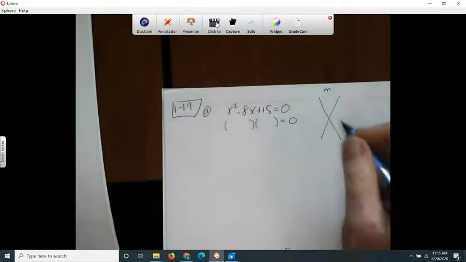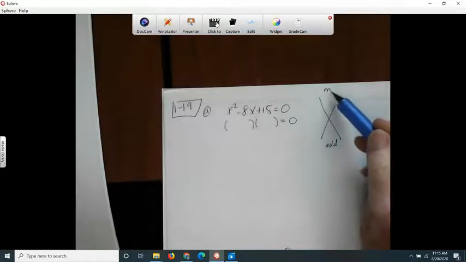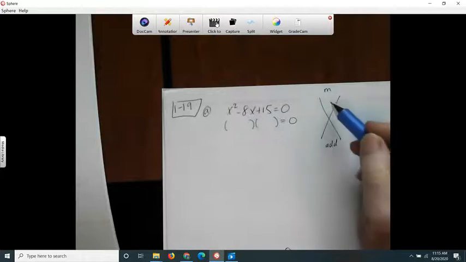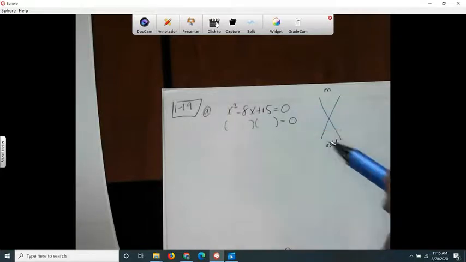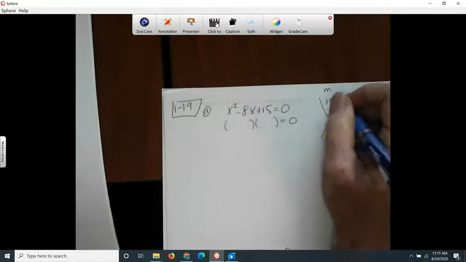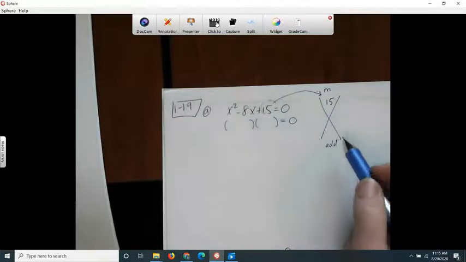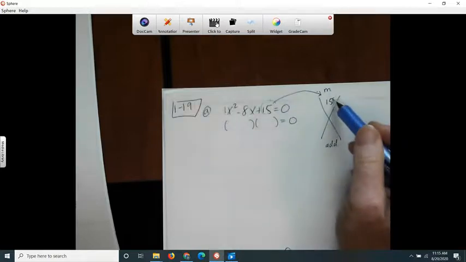I make what I call a diamond problem, and it says the word MAD: multiply, add. So I'm looking for a number that multiplies to make 15, whatever this number is. And actually what it is, 1 times 15, which is 15.